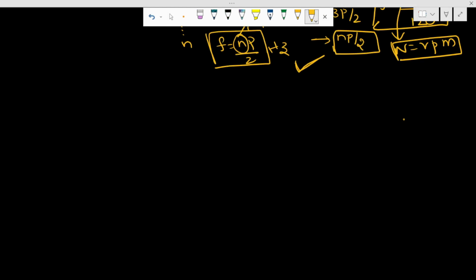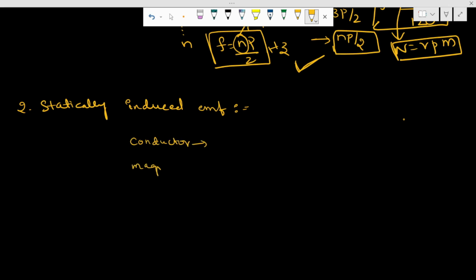Okay, now let us see the statically induced EMF. In the dynamically induced EMF, we have seen the conductor is rotating and the magnetic field is stationary. But in the statically induced EMF, the conductor is stationary and the magnetic field is varying.